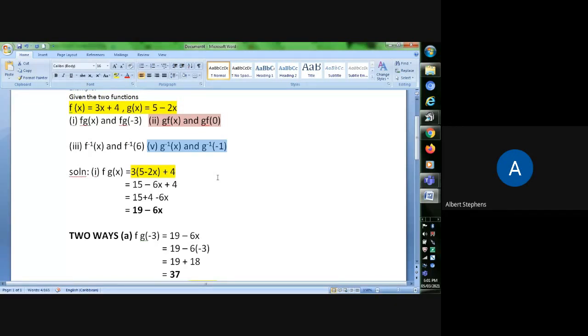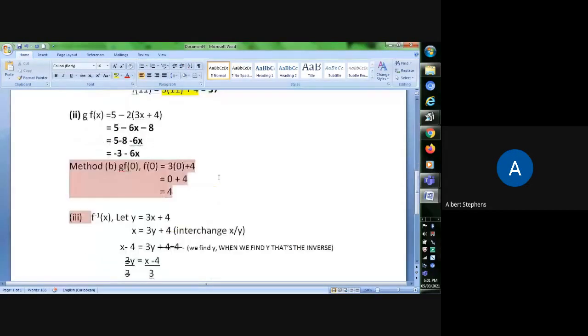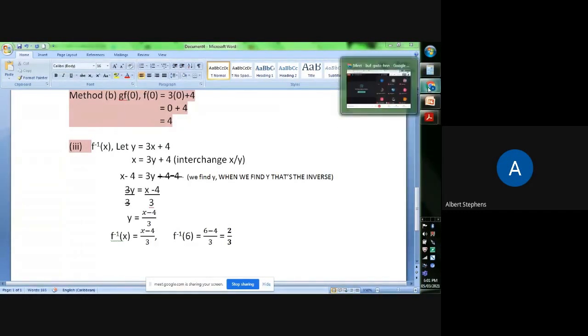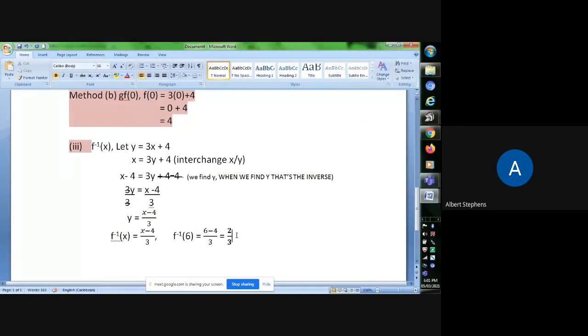Look at that for me. And you can write the decimal equivalent for the 2/3.